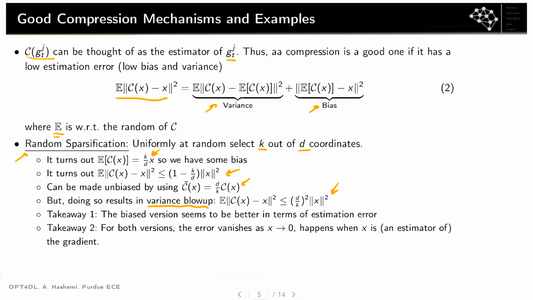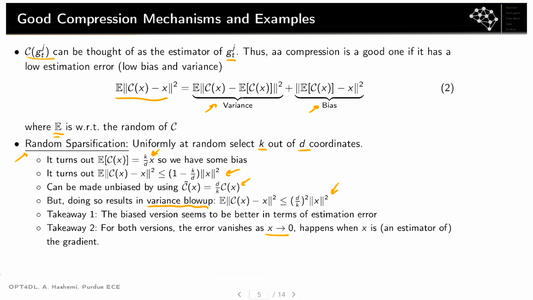But another takeaway is that for both strategies, as x goes to 0, the estimation error or the compression error also goes to 0. And this actually gives you a way to decide which quantity you want to communicate in your distributed learning paradigm. For instance, if you are communicating gradient, you expect the gradient to be something that is converging to 0 as you are, let's say, performing learning.